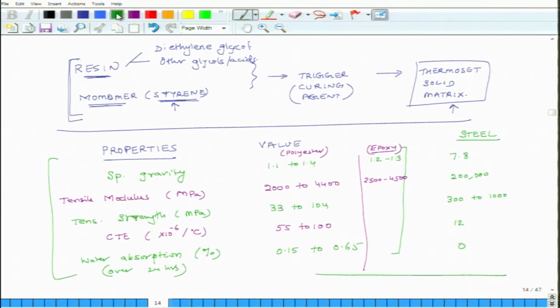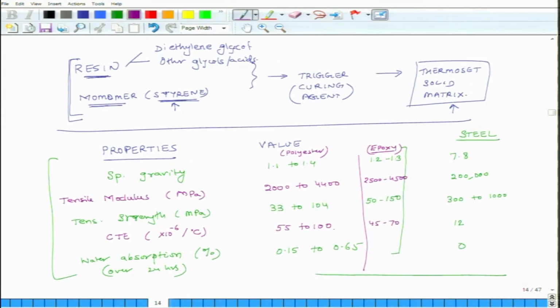Strength is where you get more benefits. So, it is a much stronger material, 50 to 150. CTE not a whole lot different, 45 to 70, and the other significant advantage you get is that epoxies absorb much less moisture.